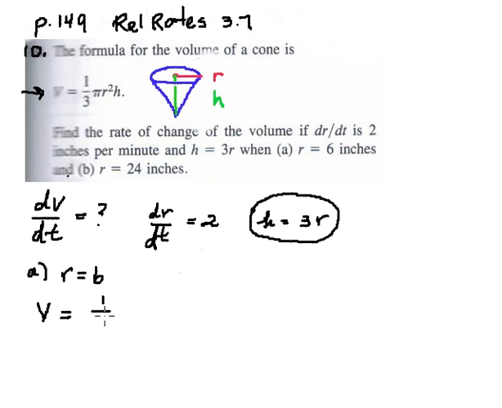The volume is equal to 1/3 pi r squared, and instead of h we're going to put the quantity 3r, because h is equal to 3r. Let's simplify that. These 3's cancel, see? And we get that the volume is equal to pi r cubed.